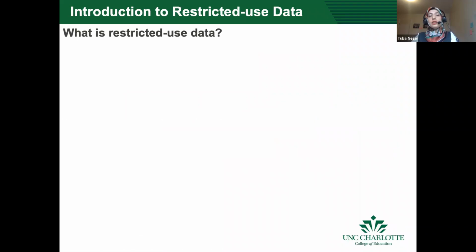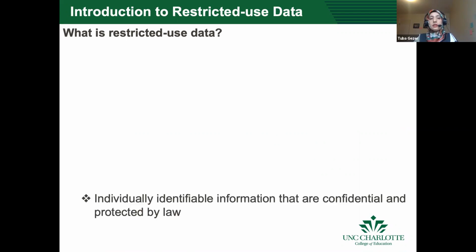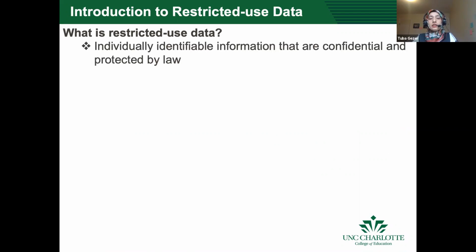So why do we need restricted use data, and why are they not publicly available? Because these data are rich, and with them you can actually identify individual students. For example, in the data set I am using, they follow the same students over 10 years, and they have so much information about those students: their transcripts, school programs, and their families.